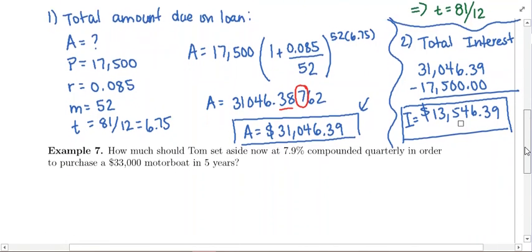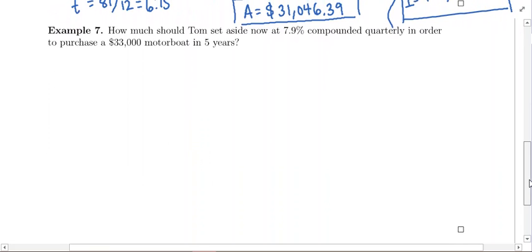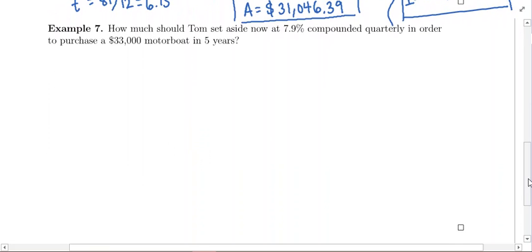Here we go. Example 7. How much should Tom set aside now at 7.9% compounded quarterly in order to purchase a $33,000 motorboat in 5 years?